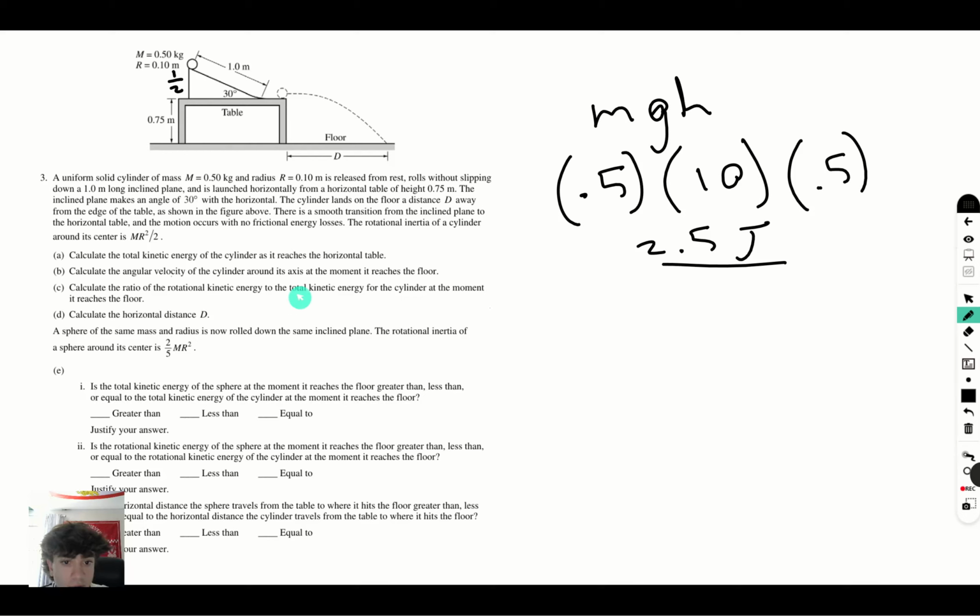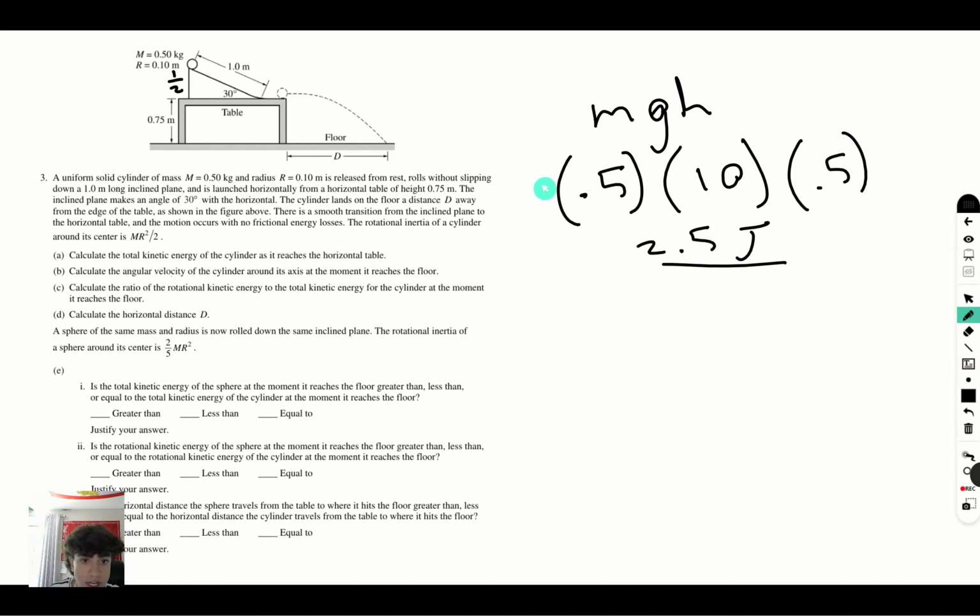Calculate the angular velocity of the cylinder around its axis at the moment it reaches the floor. So here we're at a new kinetic energy. So the kinetic energy here is going to be the kinetic energy that we get from this much potential gravitational energy.